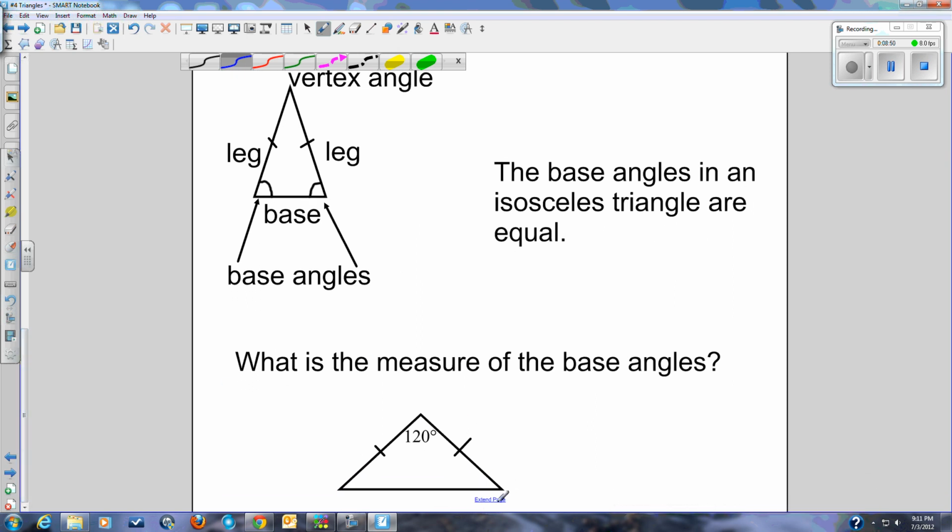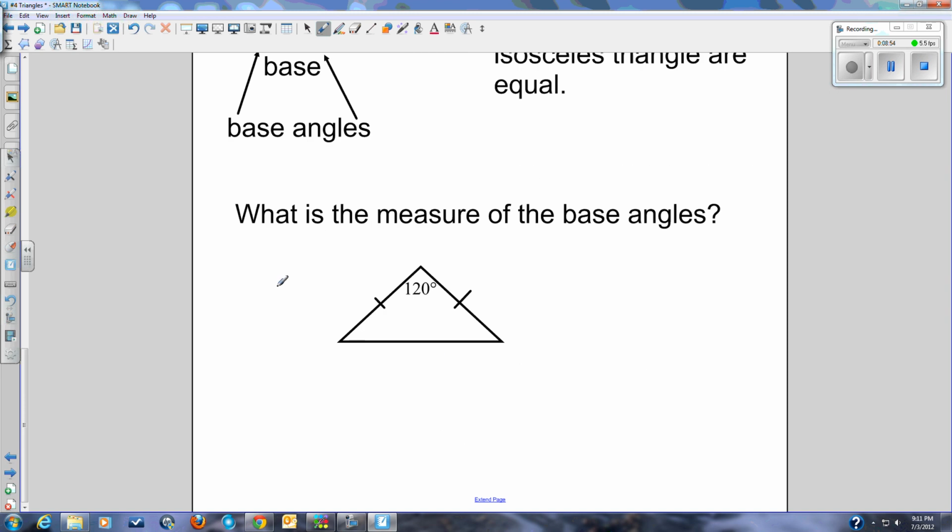So knowing that the base angles are always equal in an isosceles triangle, let's take a look at this picture. You're given an isosceles triangle where you're told that the vertex angle is 120 degrees. I'd like you to find the measure of the base angles. We know that all the angles in a triangle add up to 180.